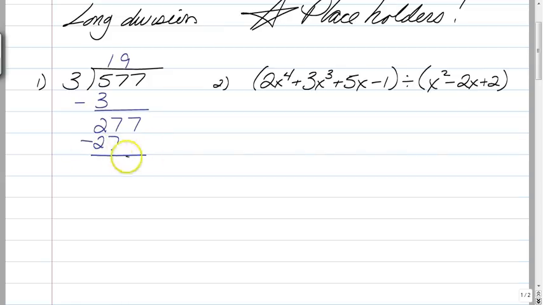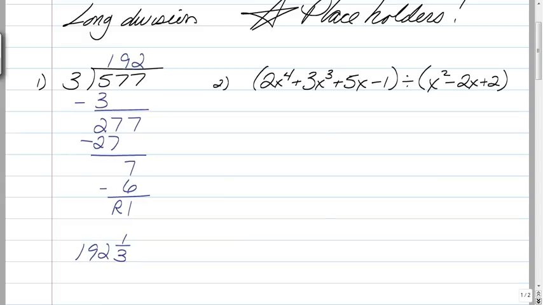So 277 minus 27 is 7. So then you ask yourself, how many times does 3 go into 7? And you say 2. That gives you 6, which gives you a remainder of 1. So your final answer is 192 and 1/3, because if you remember, you write your remainder over the 3 that's in front, what you are dividing by.